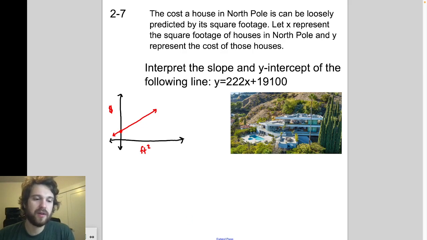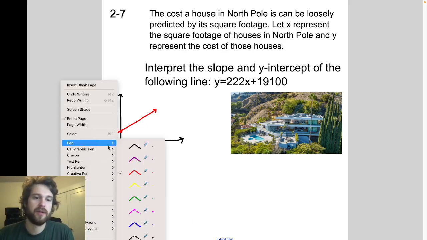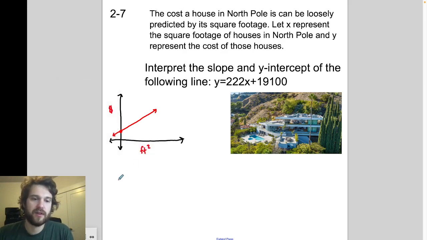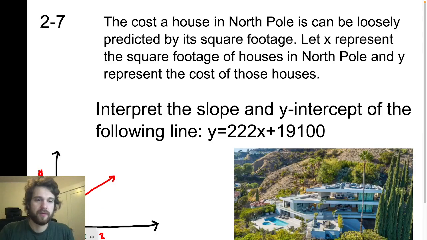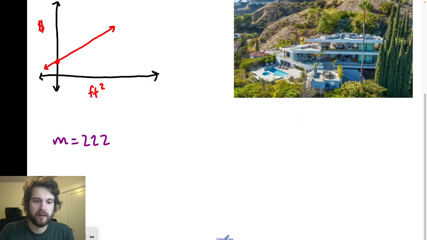So what I'm asking you to do here is interpret the slope and y-intercept in the context of the problem. So what does that mean? Here the slope is equal to 222. The slope is rise over run, which is the change in y over the change in x.